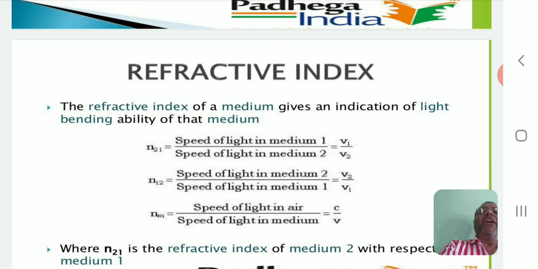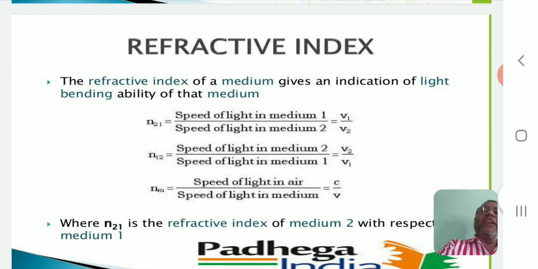If we say n12, means the refractive index of the first medium with respect to the second medium. If we simply say n m, means we are going to decide the refractive index of the medium with respect to vacuum or air. It's very clear.